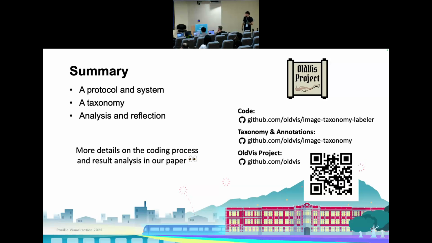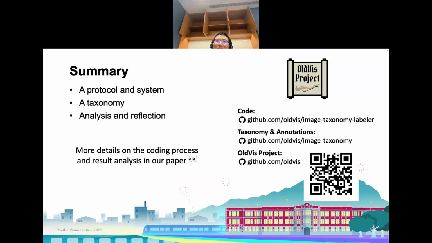Okay, great question. Actually, I was asked this question when I presented the OldVis Online paper last year. The data set we used, OldVis Online, was curated by scraping digital libraries which are mainly located in Europe and North America, and as you would expect, the data sources are mainly biased towards Western visualizations.